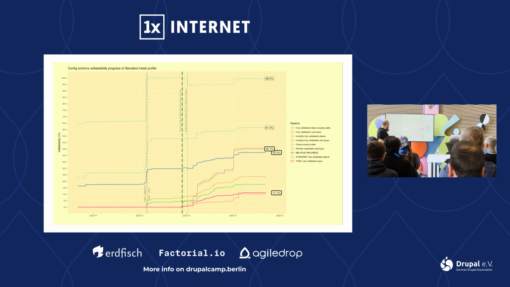But the relative progress is the dark blue line here, and we're at about 42% of all of the things that exist in core being fully validatable or strictly validatable. So, progress.